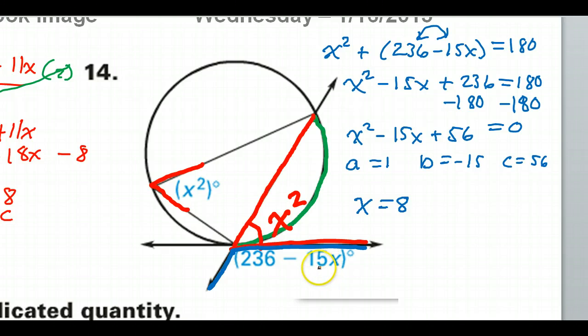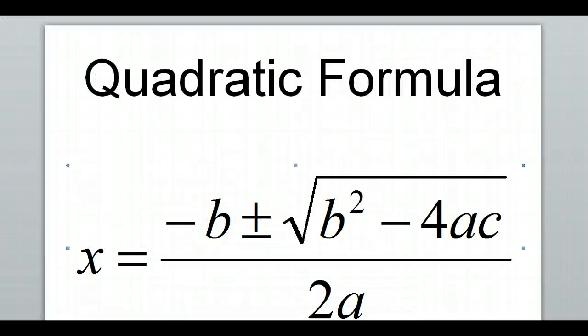Okay, so let's look at the other one. Let's check and see if that makes sense. If I plugged in 8 right here, see this 236 minus 15 times 8? Let's see, you know what, I better not do that yet. I'll check them both later. So far, we only did the plus. So you know when you do the quadratic formula, it's always plus or minus.